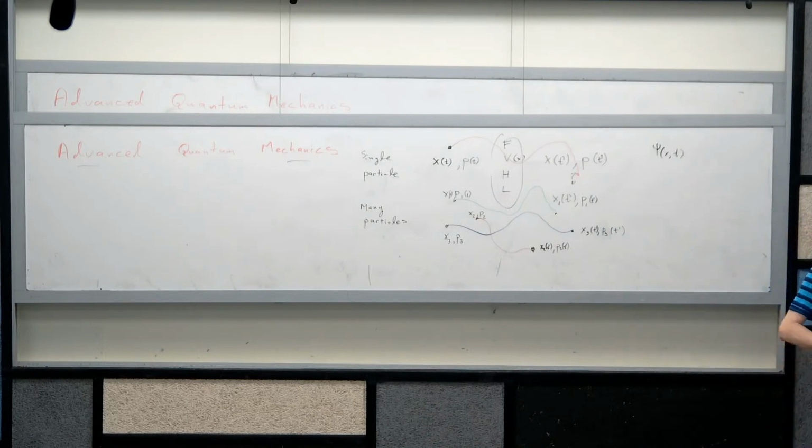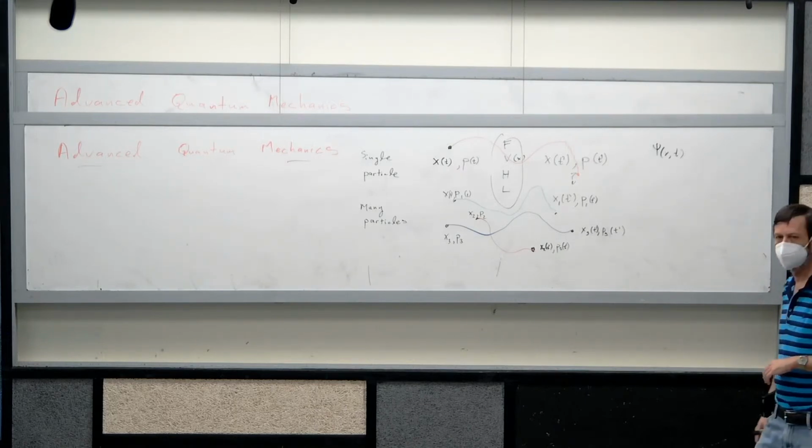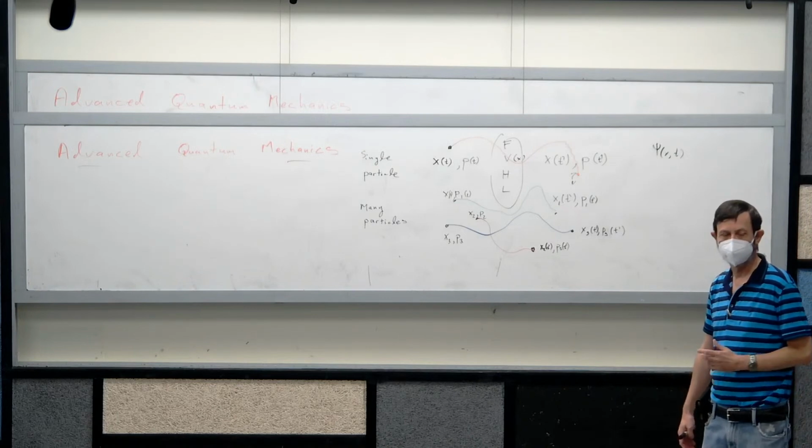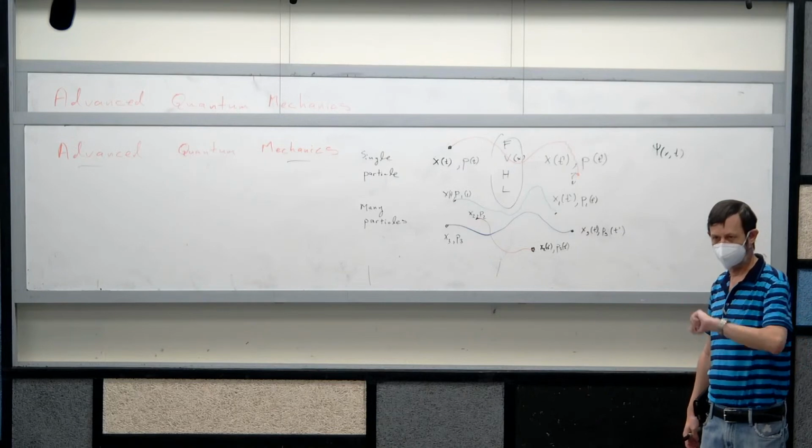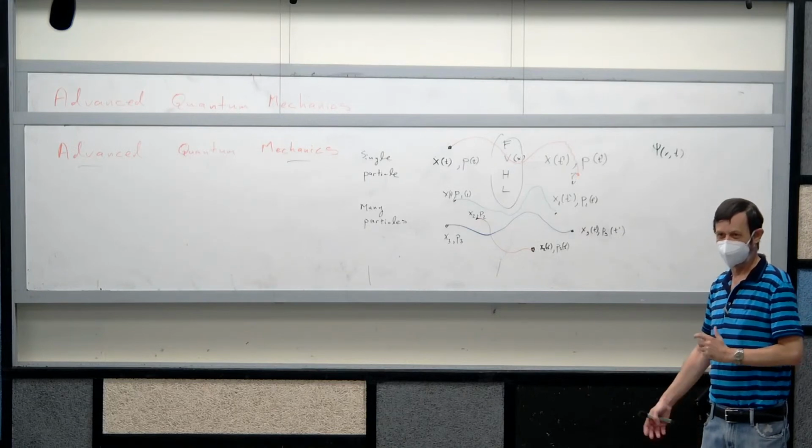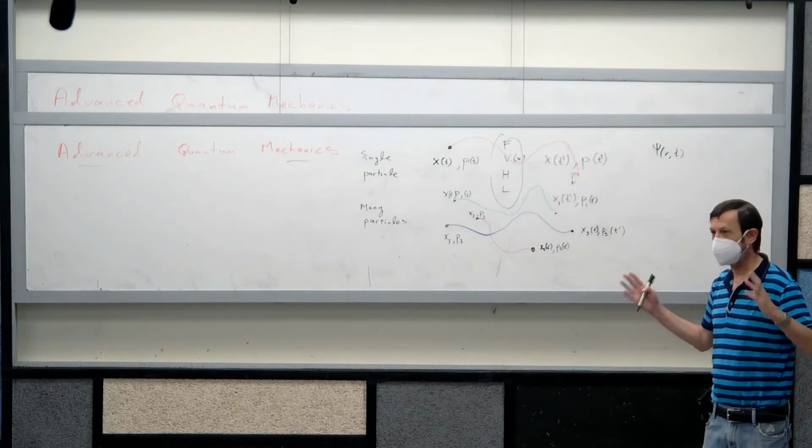I have here x. What is holy about x? What's special about x? Why did I take x and not p? Location basis. The basis that I chose.